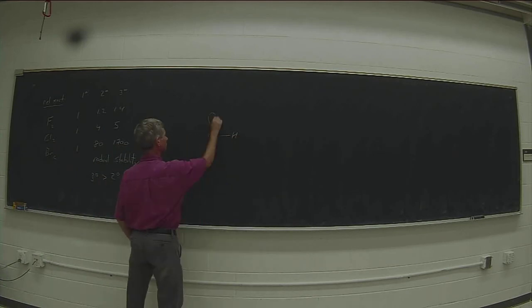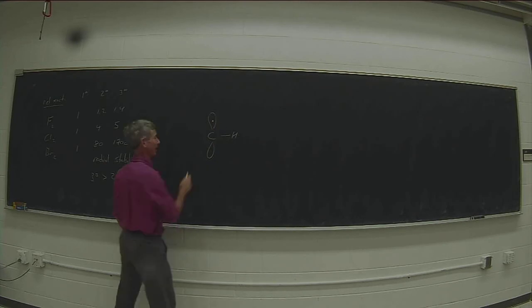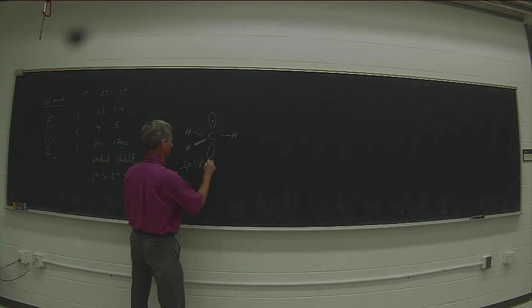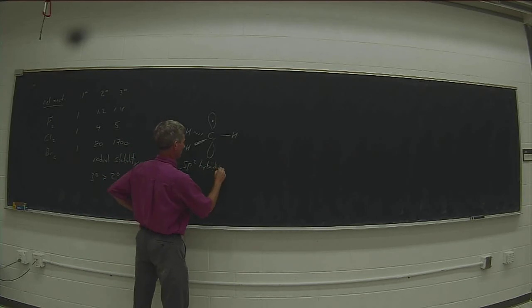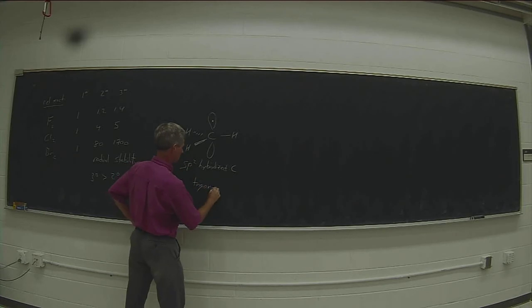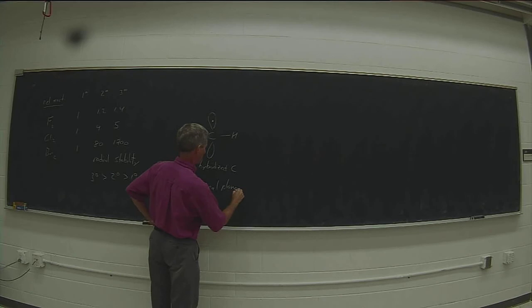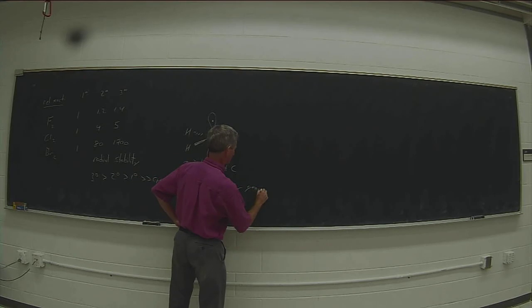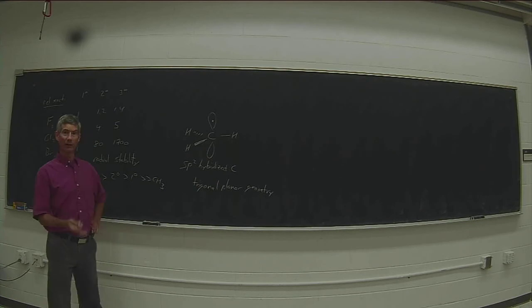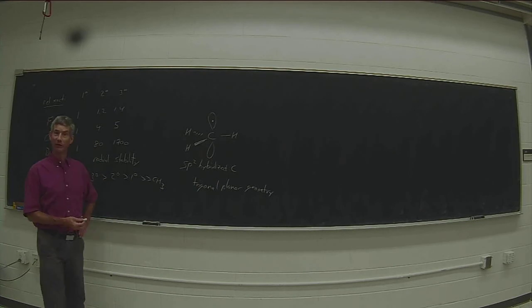Methyl radical has a half-filled p orbital and an sp2 hybridized carbon, and thus a trigonal planar geometry. The lone electron does not count as an electron group for the purposes of VSEPR theory.